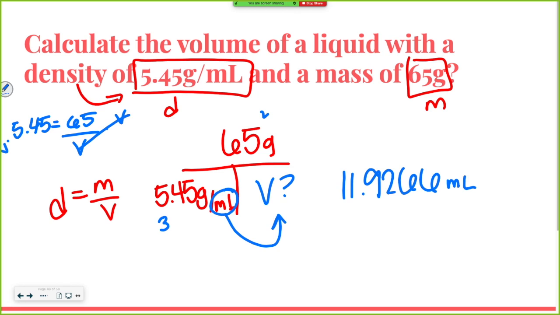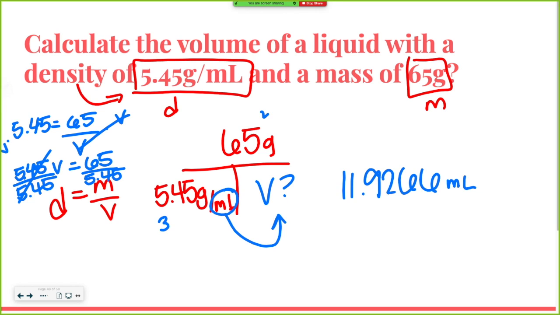And so then that leaves you with 5.45V equals 65. And so then how would you solve for V? You divide by 5.45. Yep. So do you see how that switches it around? Yes. All right. And then that's when you get your 11.9266. Good question.